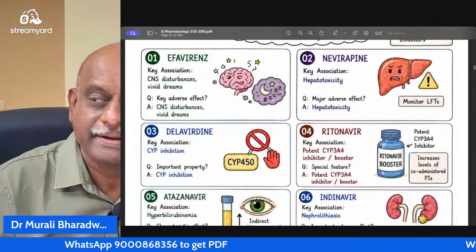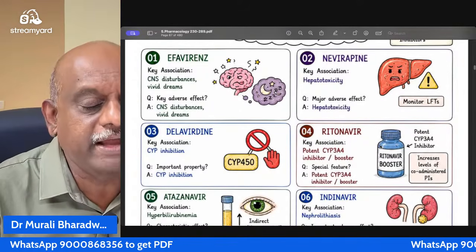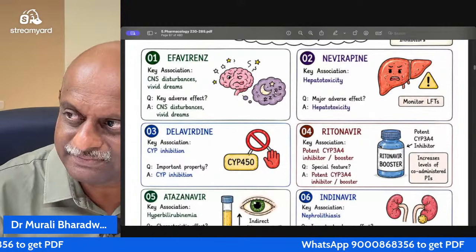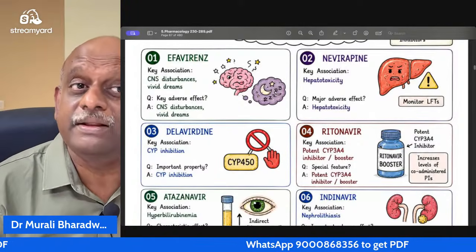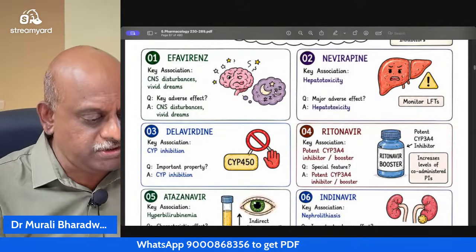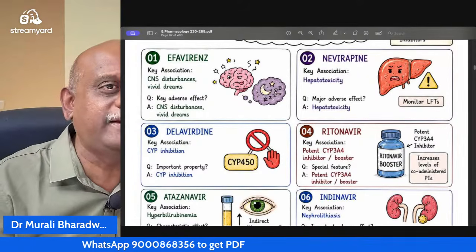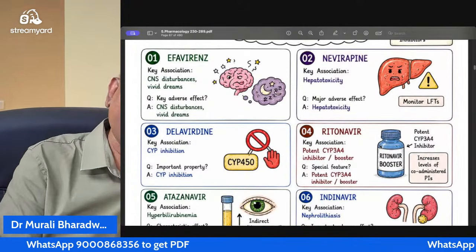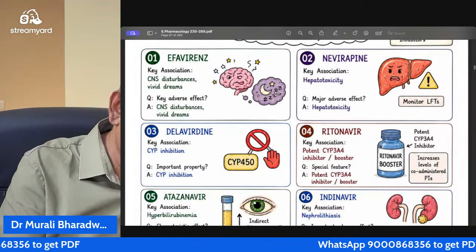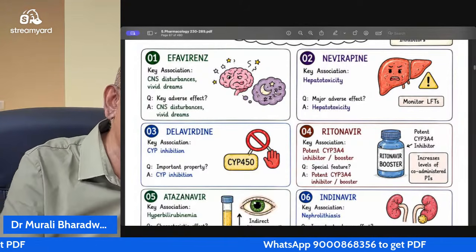Efavirenz: there will be vivid dreams, CNS disturbances. I took it for 1 month, efavirenz. When I was doing post-graduation, 2 times I had a needle prick with an HIV needle. One time while doing a pericardial tamponade, pigtail catheter insertion in an HIV positive patient.